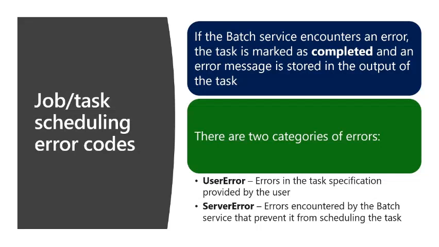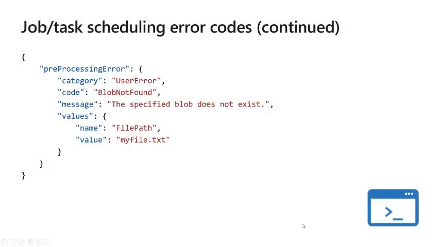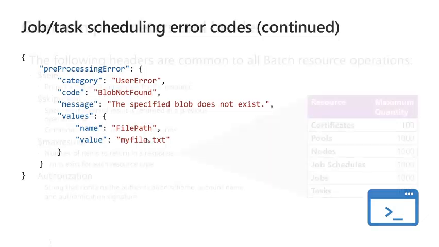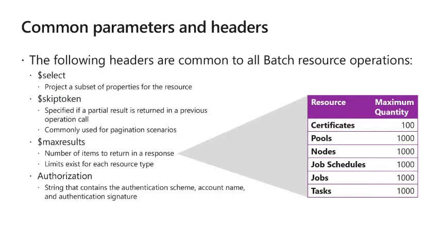There are two categories of errors: one is user error, another one is server error. These are errors in the task specification provided by the user, and errors encountered by the batch service that prevent it from scheduling the task. You can simply view these errors in JSON format like this. Category user error, blob not found. Let's say you might have a problem with the resources you are using to execute your tasks in your job.